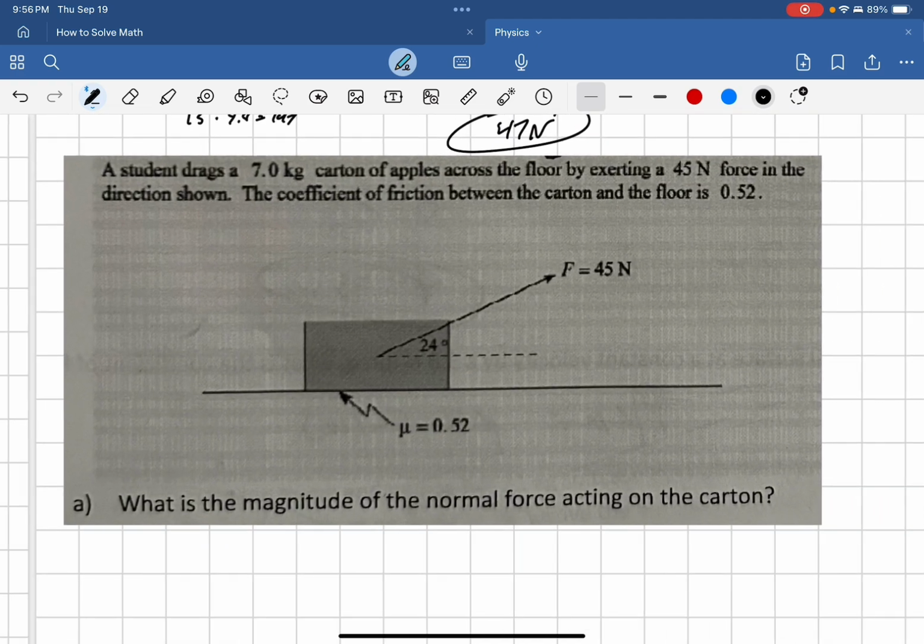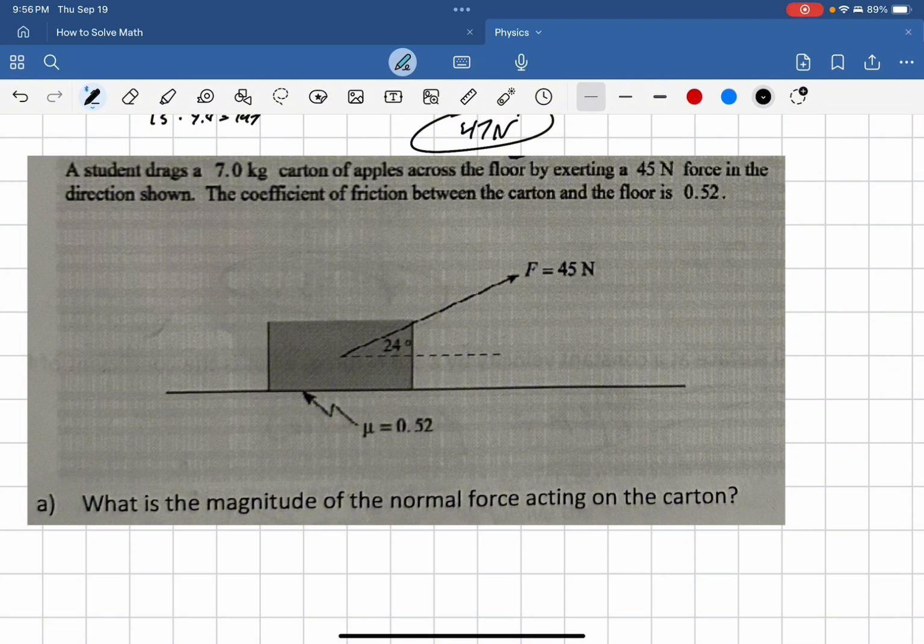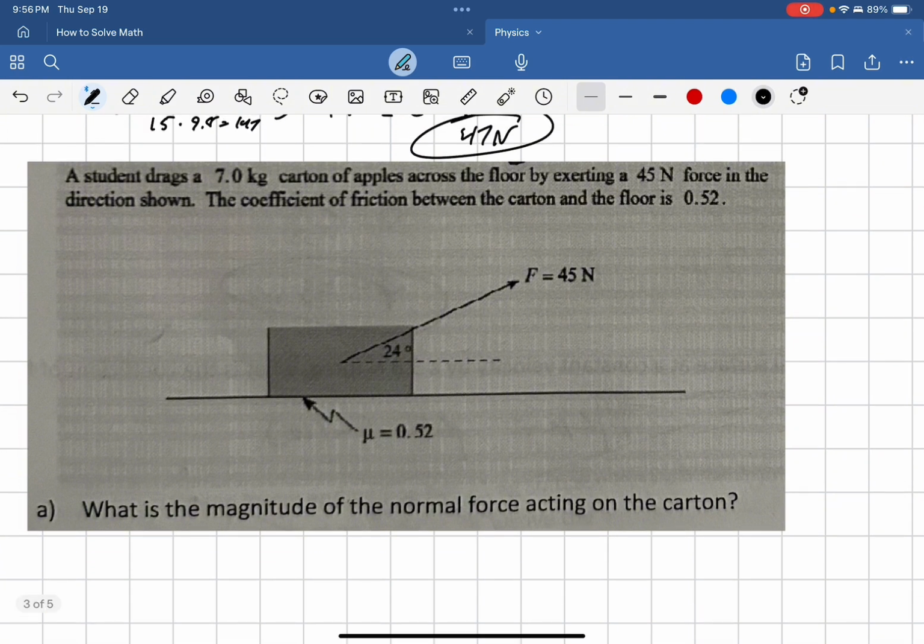Anyways, this one is going to be a bit of a lot. We're going to remember this as F of T of Y. Doesn't matter.